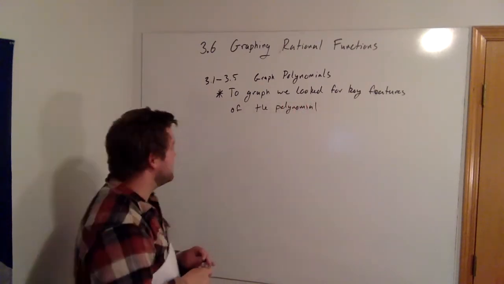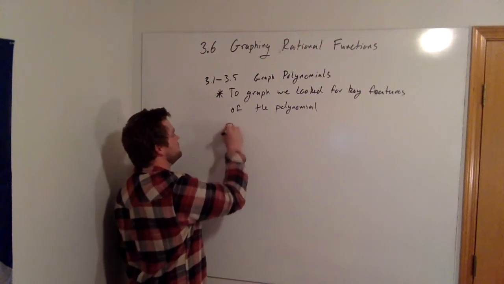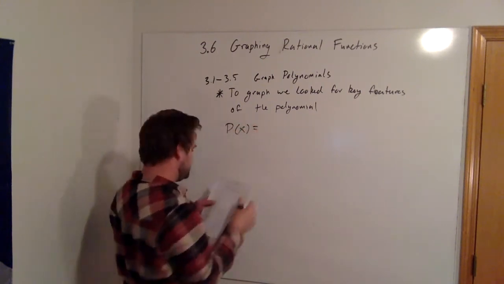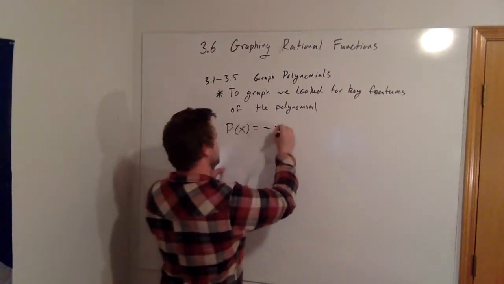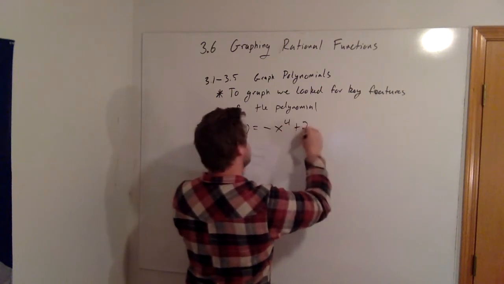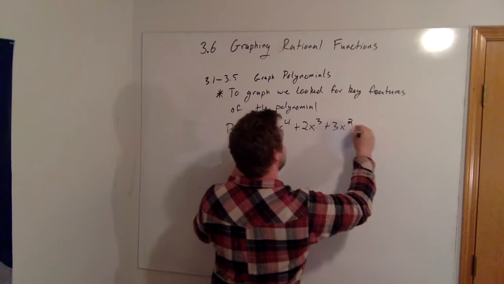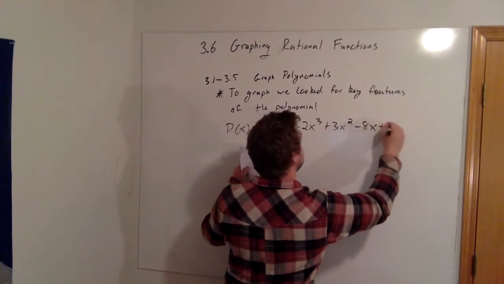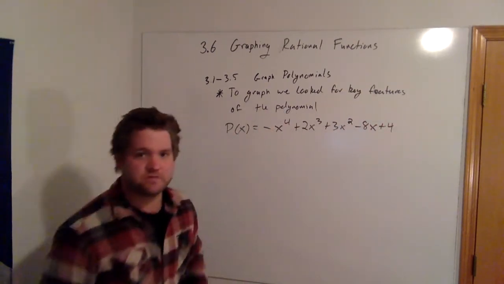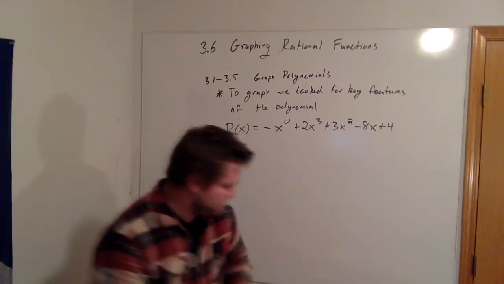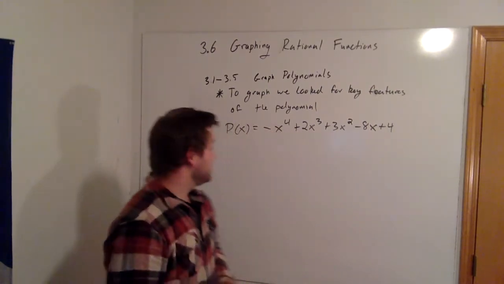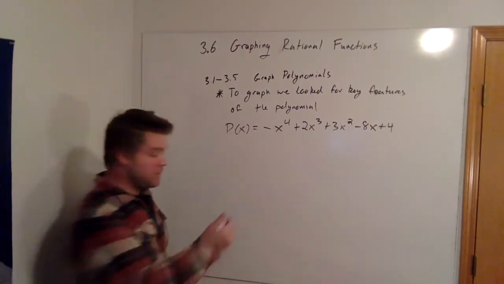Okay, so for example, let's say we have a polynomial, let's call it p of x. Let's say our polynomial is negative x to the fourth plus 2x cubed plus 3x squared minus 8x plus 4. So a few of the things we were looking for: we want to know what the end behavior of the polynomial was.